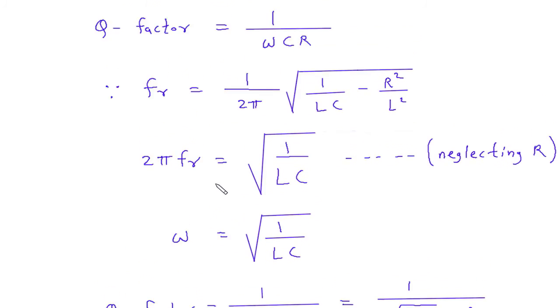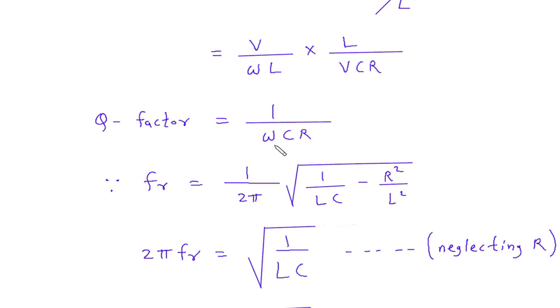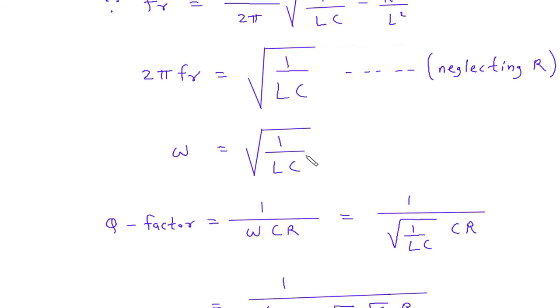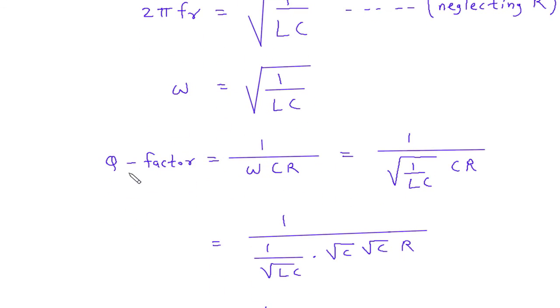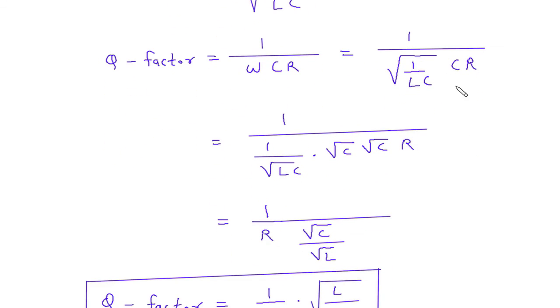So we can replace this omega in the quality factor, which is 1 upon omega CR. It will be Q factor is equal to 1 upon under root of 1 upon LC into CR. We can write this C as under root of C into under root of C. Under root of 1 is 1.